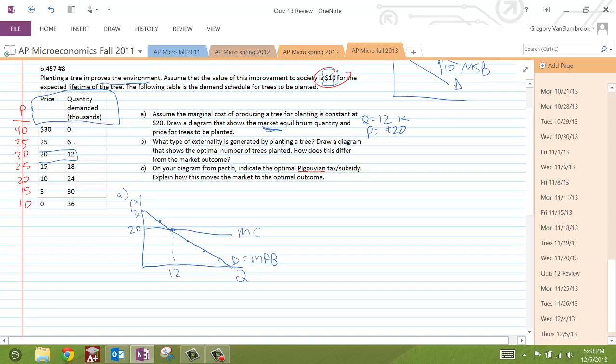Again, what we're saying is that, for instance, with a quantity of 6, while based on individual benefit, we might be willing to pay 25 to get 6,000 trees. We really should be willing to pay 35 to get 6,000 trees, because the social benefit is both the individual benefit of 25 to the individuals who are planting the trees, plus the social benefit of $10, adding up to 35.